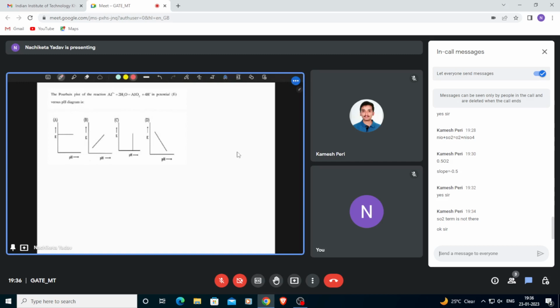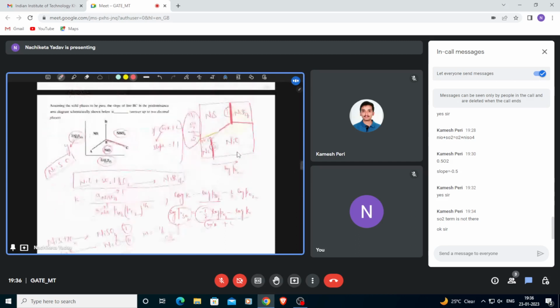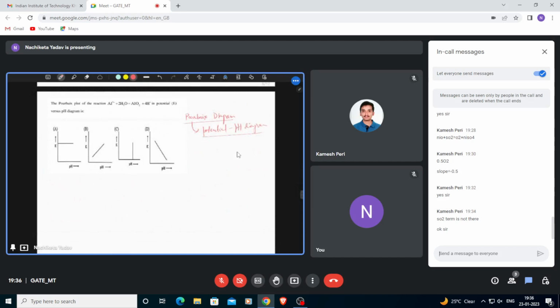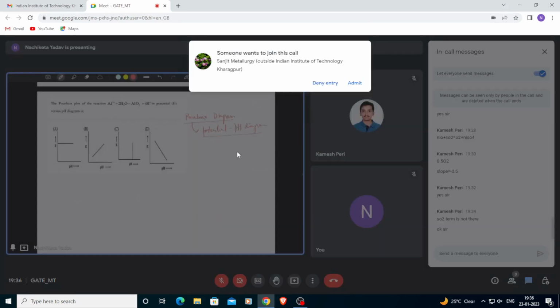From here you see, if you search for the Pourbaix diagram, you will find that it is actually a potential versus pH diagram. Earlier it was the partial pressure of sulfur dioxide and partial pressure of oxygen, in log terms also. So can you tell me what will be the correct diagram?